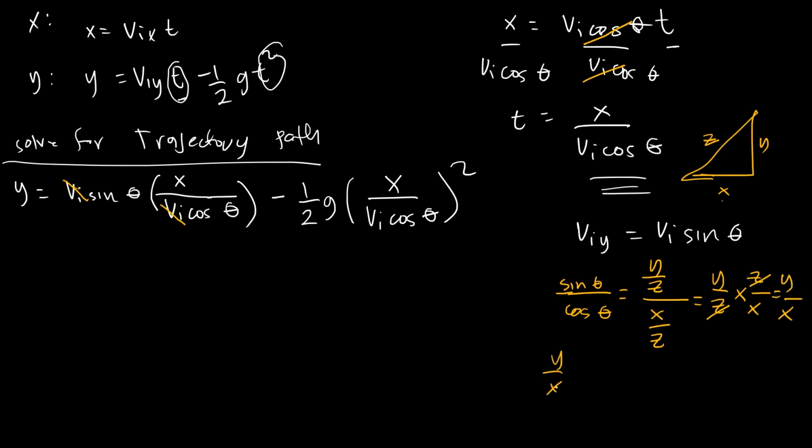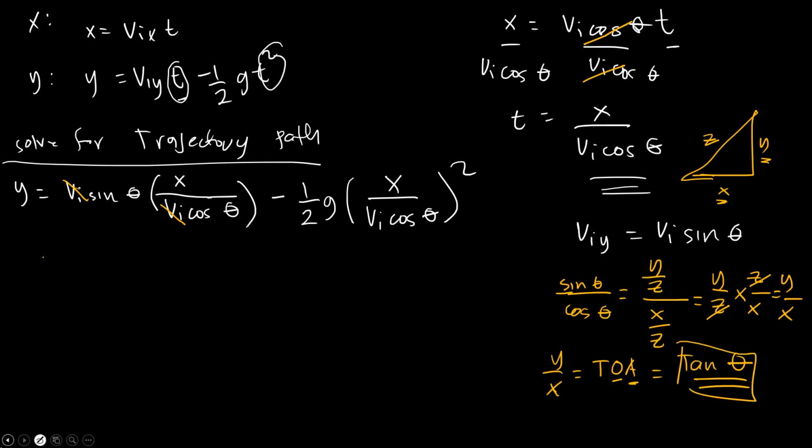The term y over x here is equal to, the x here is the adjacent and the y here is the opposite. So opposite divided by adjacent is the term TOA. This means that y over x is tangent theta. That means that sine theta divided by cosine theta is equal to tangent theta.